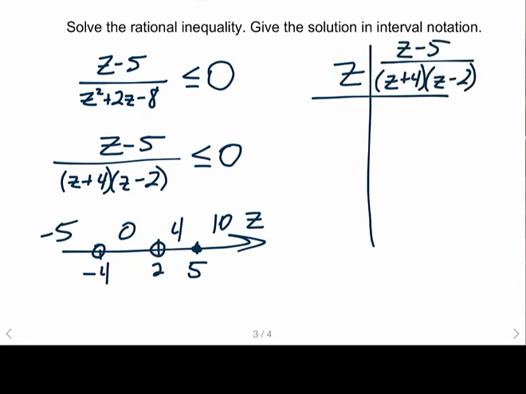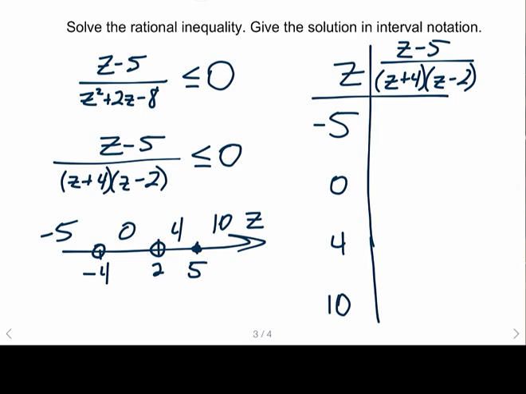And then the last example, you may have noticed I was looking at the factors. And so I'm actually going to consider the factored form, z minus 5 over z plus 4 times z minus 2. I'm going to put negative 5, 0, 4, and 10, respectively, into this expression to see if each factor is positive or negative, so the output is positive or negative.